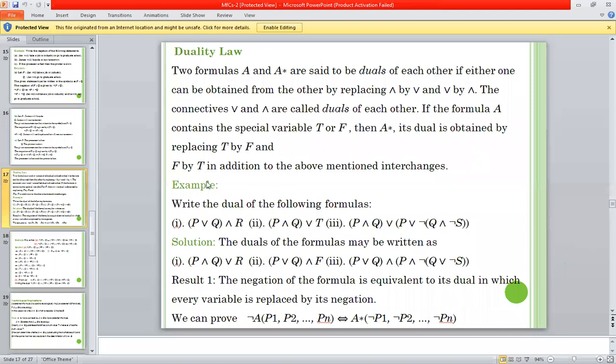Okay. So let us consider an example. Write the dual of the following formulas.